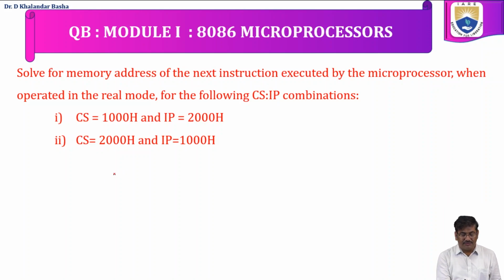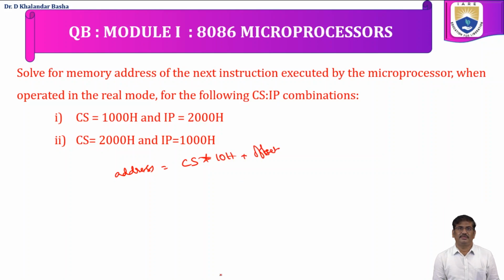The 20-bit physical address we can write using the segment register, because it refers to code memory, where the base address is placed in the code segment only. So CS multiplied by 10H, plus the offset value.